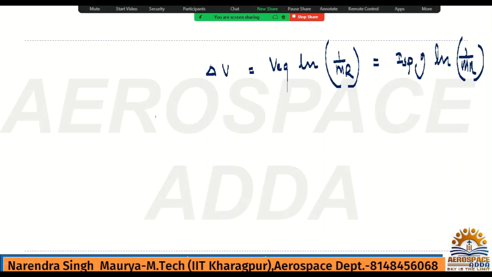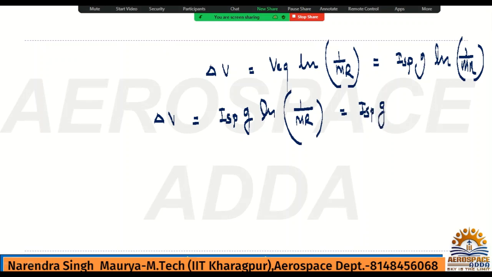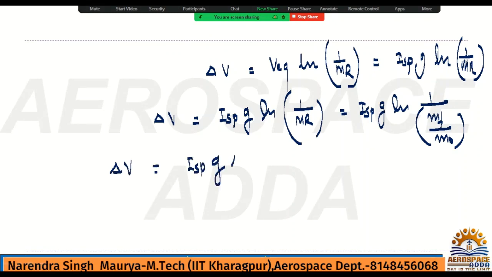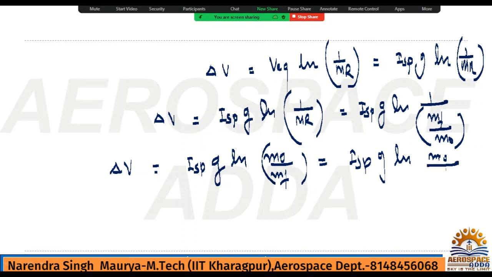So delta V is Isp g ln m naught by mf, or Isp g ln m naught by, what is mf? m naught minus mp. Check what data they have given and calculate accordingly.